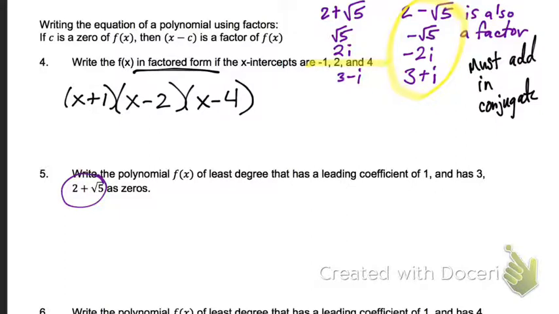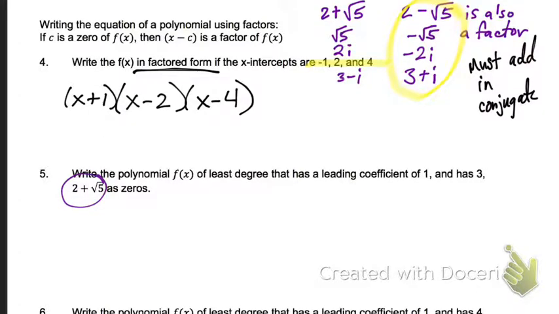If it says write it in standard form, then you've got to multiply it all out, the whole shebang. If it says factored form, do it that way. If it says standard form, then multiply it all out, and I will specify for you. And I'll tell you right now, it's probably going to be standard form because these are just too easy.